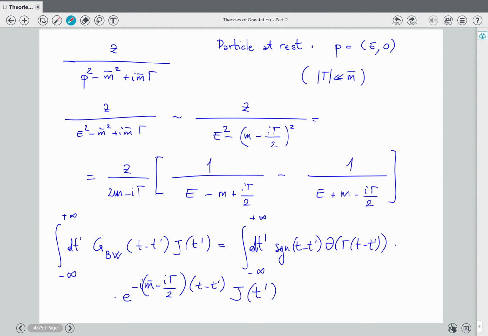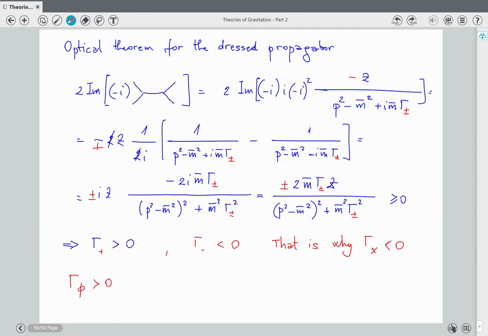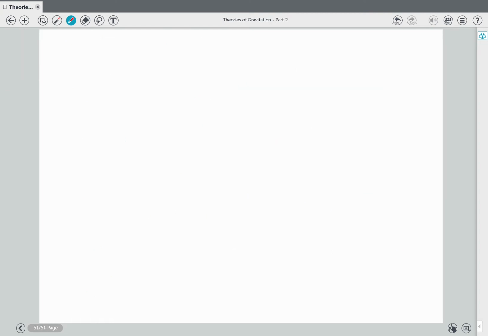And why? Because let's see what happens if we now take this propagator, this imaginary part, and take the limit in which gamma goes to 0.